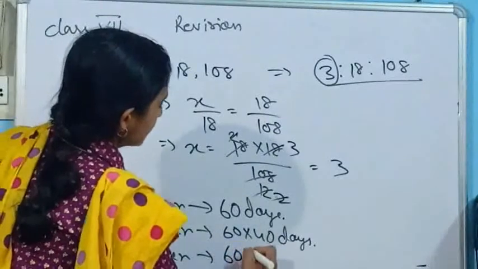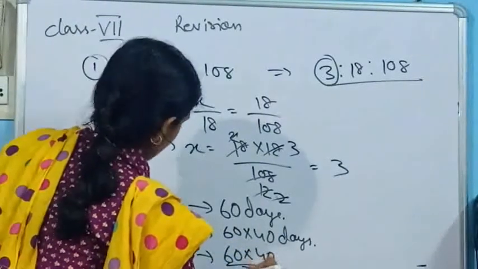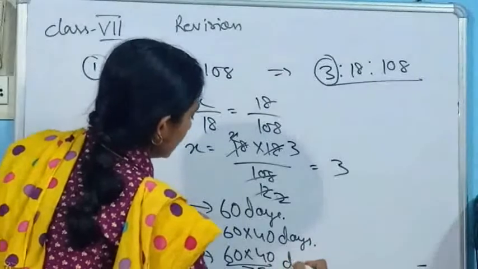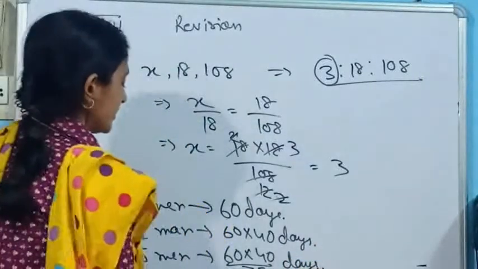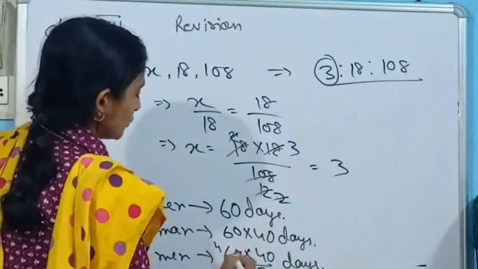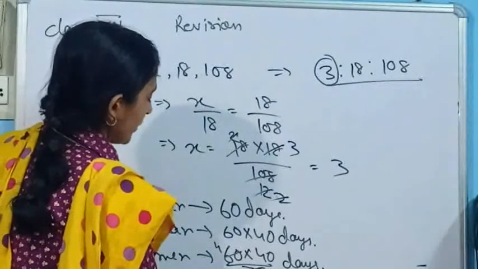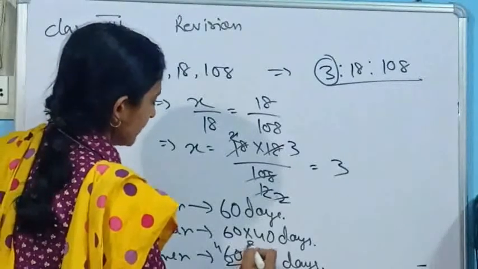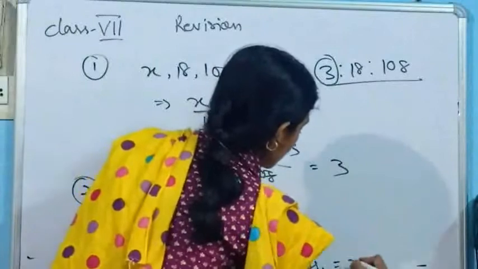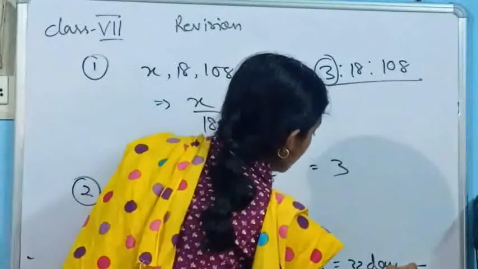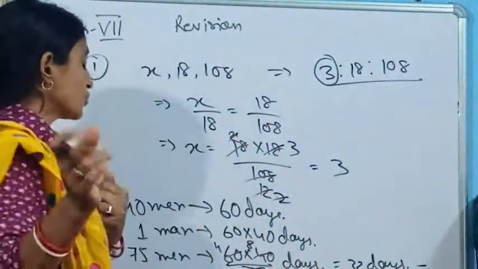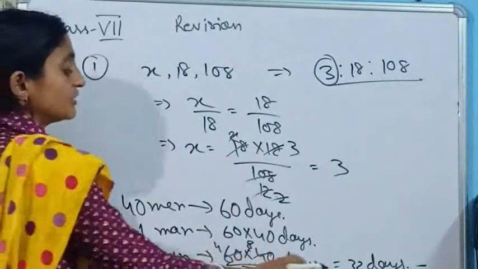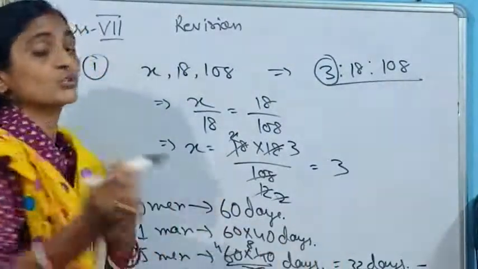They will take 60 into 40 by 75 days. Let's cancel it. 15 4s are 60, 15 5s are 75, now 5 8s are 40. So 8 4s are 32 days only. So 75 men can complete the same work in 32 days only.